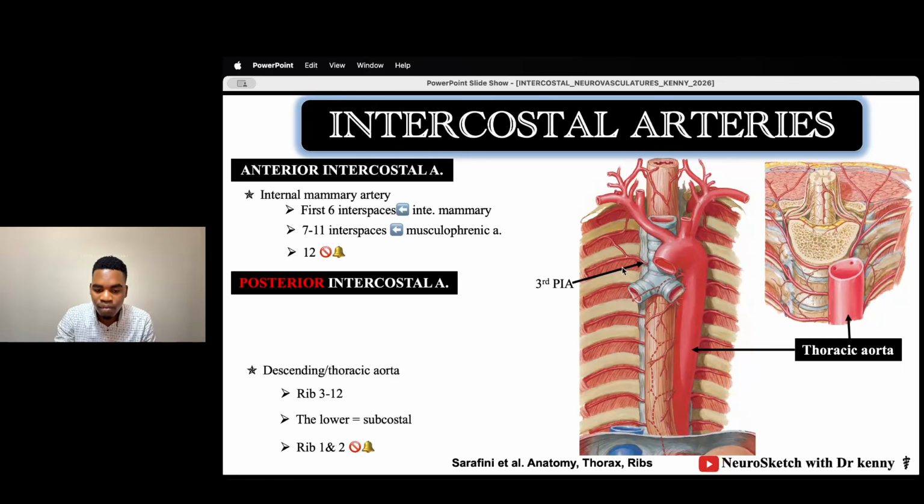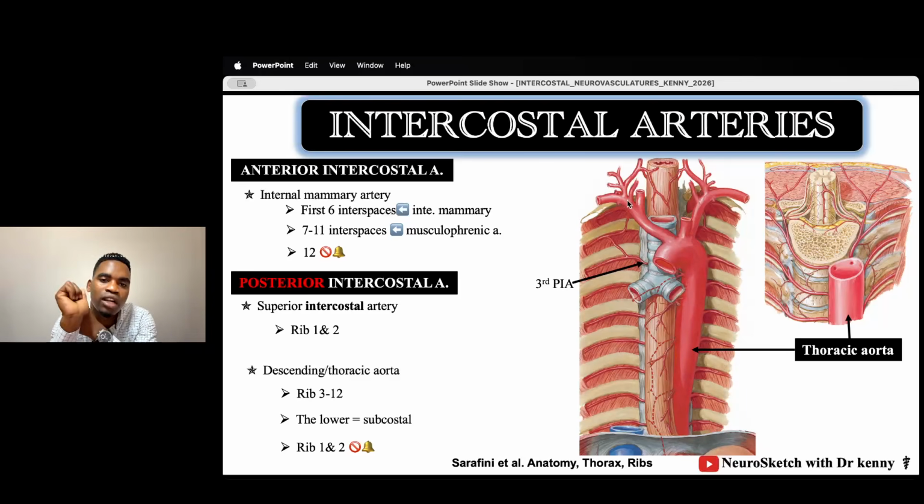What's happening in rib number 1 and rib number 2? The first and second intercostal spaces do not receive blood from the thoracic aorta posteriorly, and they receive their contribution from an artery called the superior intercostal artery.